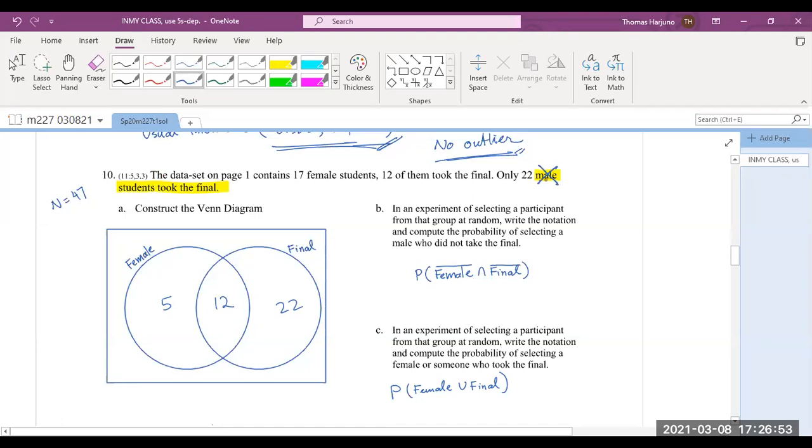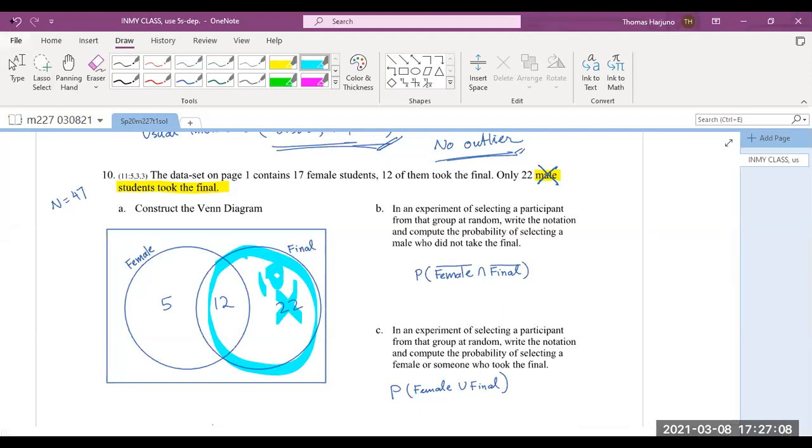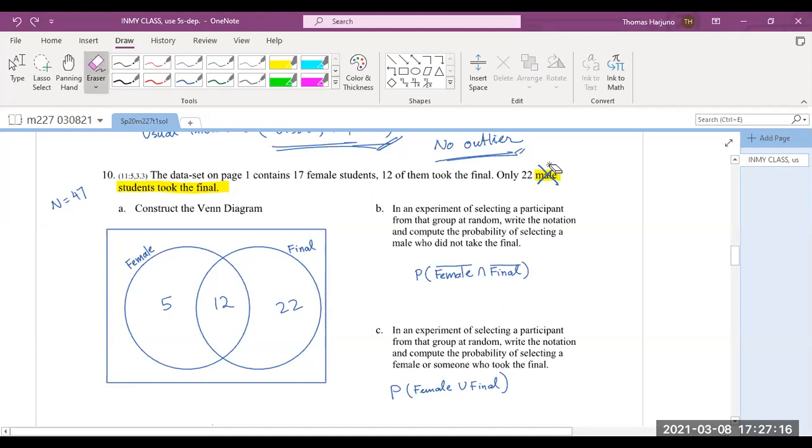If it says only 22 students took the final, meaning 22 students took the final, then this would have been 10, right? But no, what it says here is only 22 male took the final. You see?